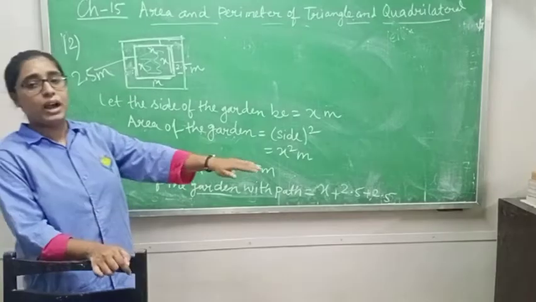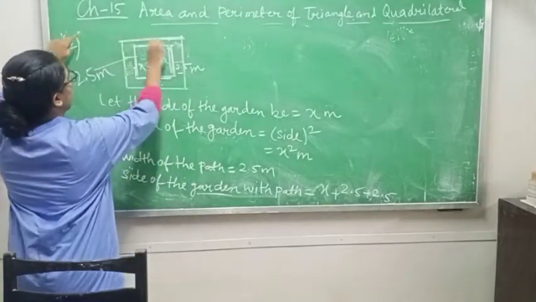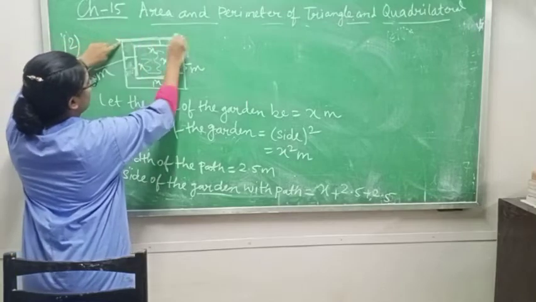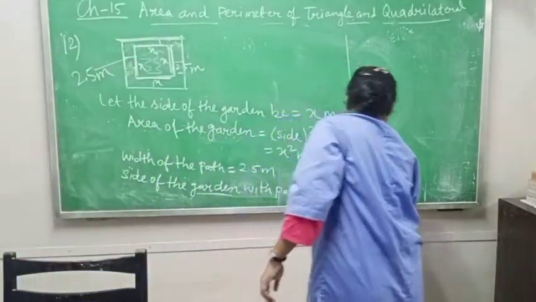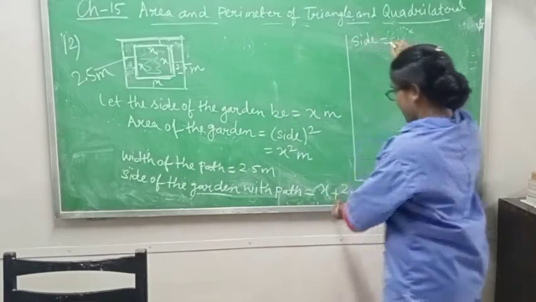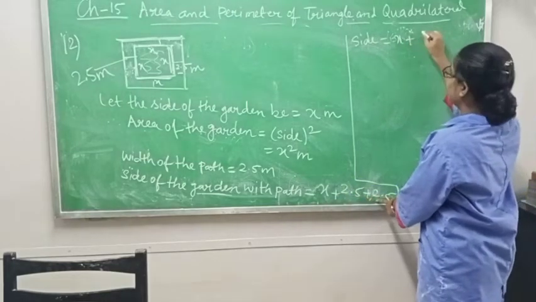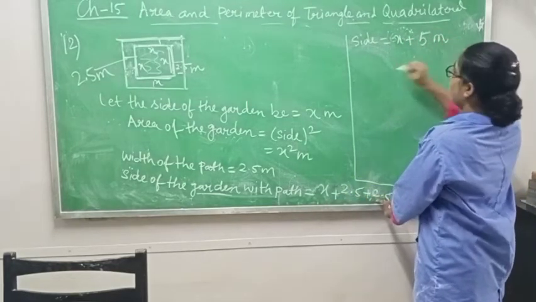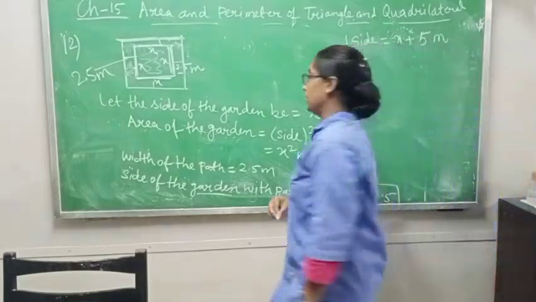So we have to add 2.5 on both sides to find from this point to this point. Now you will get how much? Side you will get x, 2.5 plus 2.5 will give you 5. So the side you are getting is x plus 5 meter.